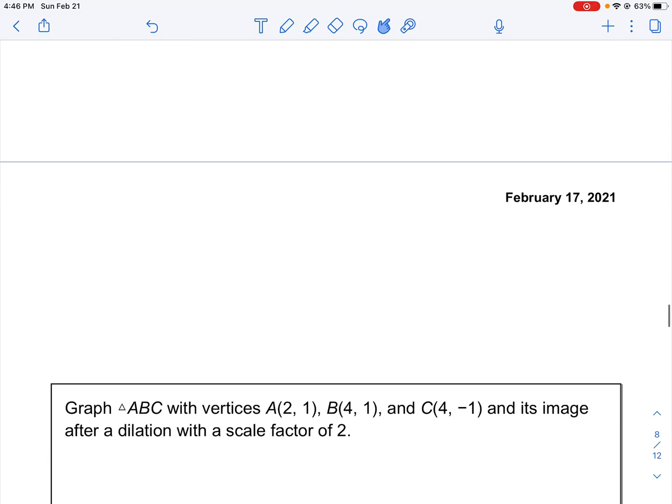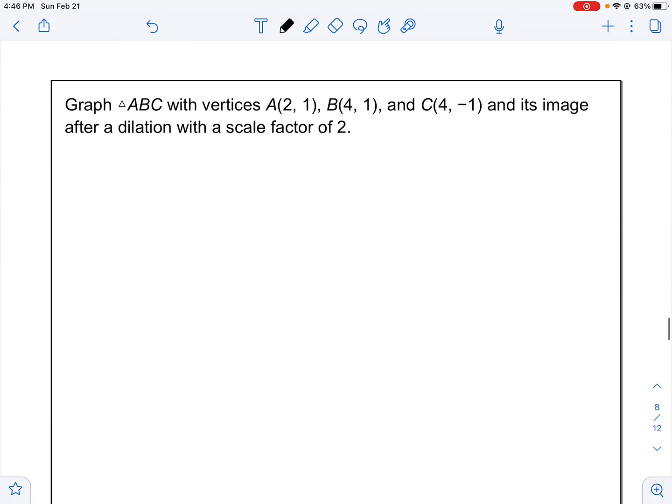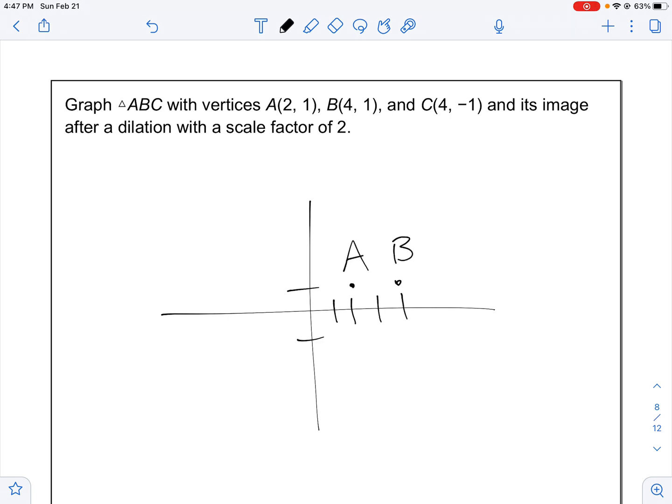So here we go. All right, so I've got some triangle at 2, 1, 4, 1, and 4, negative 1. It says find its image after a dilation with a scale factor of 2. In other words, k is 2.